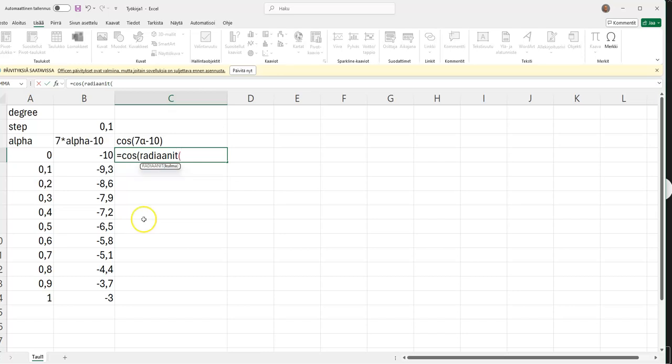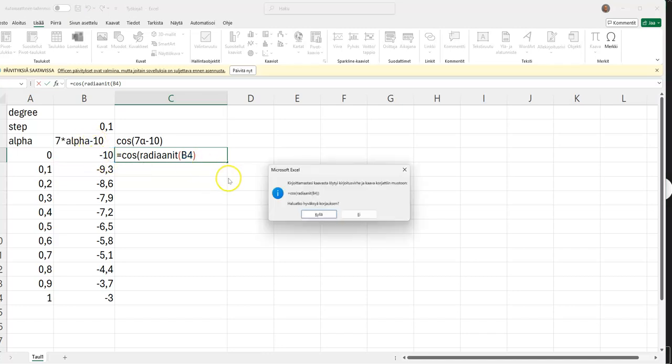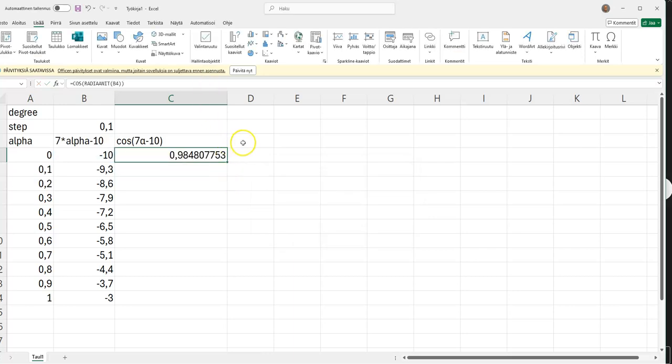This is the same as radians in the English version. 7 times, sorry, I can take that from here, because I have already calculated the 7 alpha minus 10. So yes, the first value of cosine with that number should be 0.919, and I will copy that.